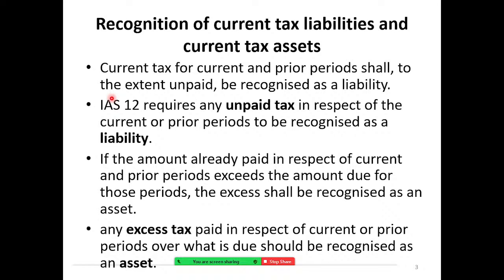If it is unpaid, then it becomes a liability. In simple terms, any unpaid expenses come under liability, especially current liability. So current tax for current and previous periods, if unpaid, until it's paid, is recognized as a liability.